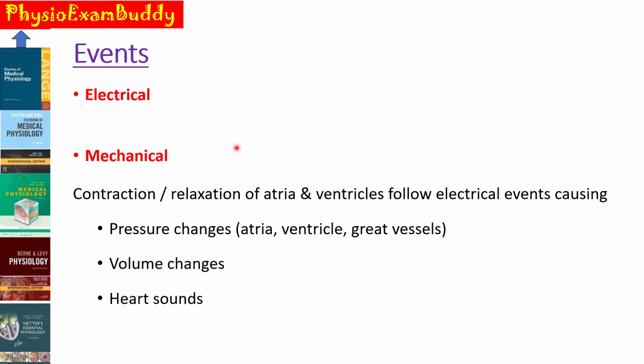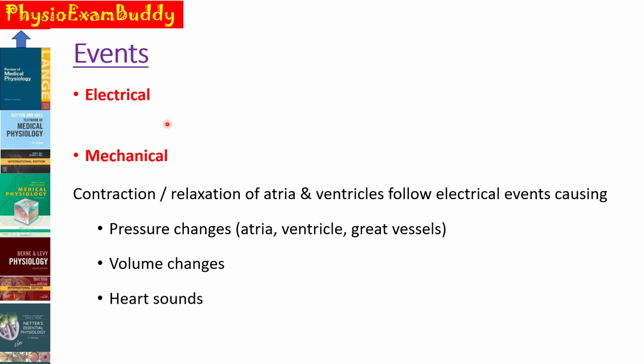Now we are going to see the events happening in the cardiac cycle. I have already given the definition: it includes the electrical as well as the mechanical events occurring in the heart, from the beginning of one heartbeat to the beginning of the next.